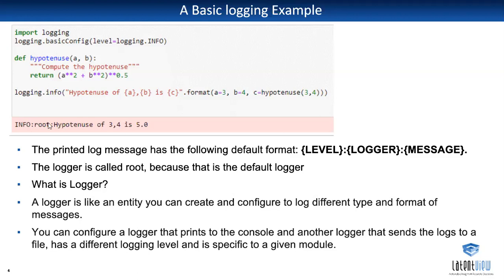You can see here we haven't created any logger, so by default it took the logger name as root, and the message whatever we are giving inside logging.info will be captured in the message. So you can see here logging.info level I'm keeping. We can see that level in the output format, info, and the logger name and the message whatever we are keeping over there will be printed here.